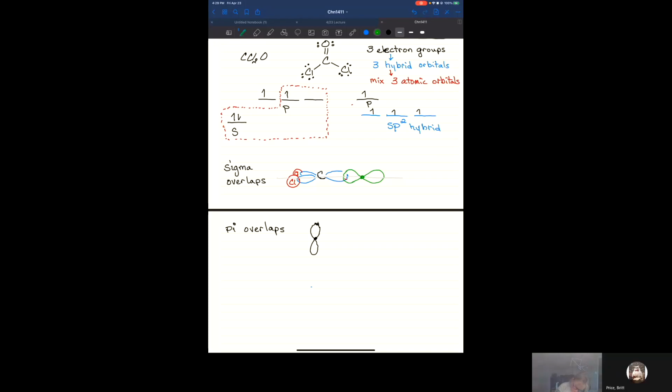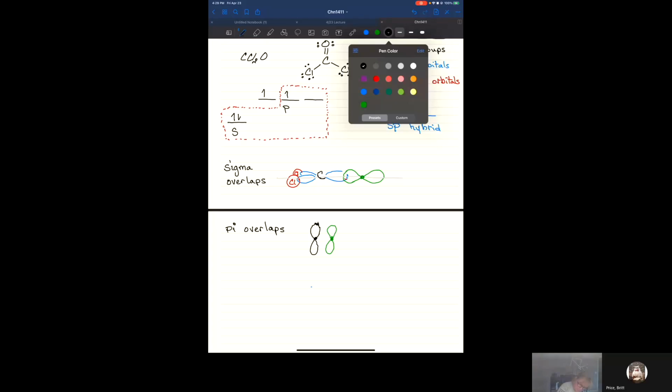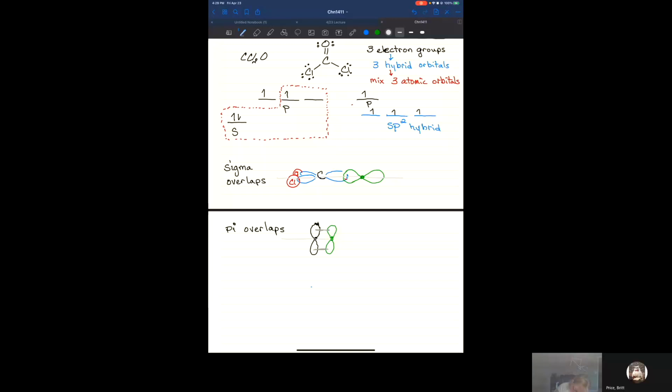And then the oxygen, also with its p orbital, with half and half. And then this is the axis going between the two. So this pi overlap is occurring above and below. Half of the overlap's above and half of the overlap is below the plane of the molecule.